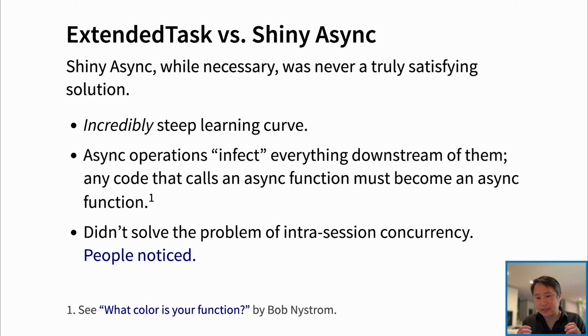The way Shiny Async was designed, it really only helped you with inter-session concurrency. So your experience using an app was going to still be sort of slow and blocked, but other people could connect and have their own experience that was not going to be blocked by you. That was the best that Shiny Async could do.